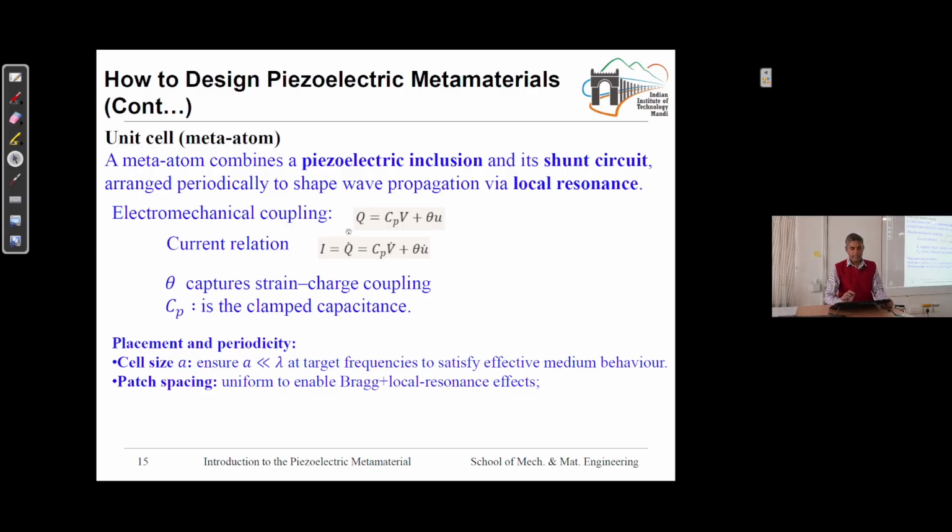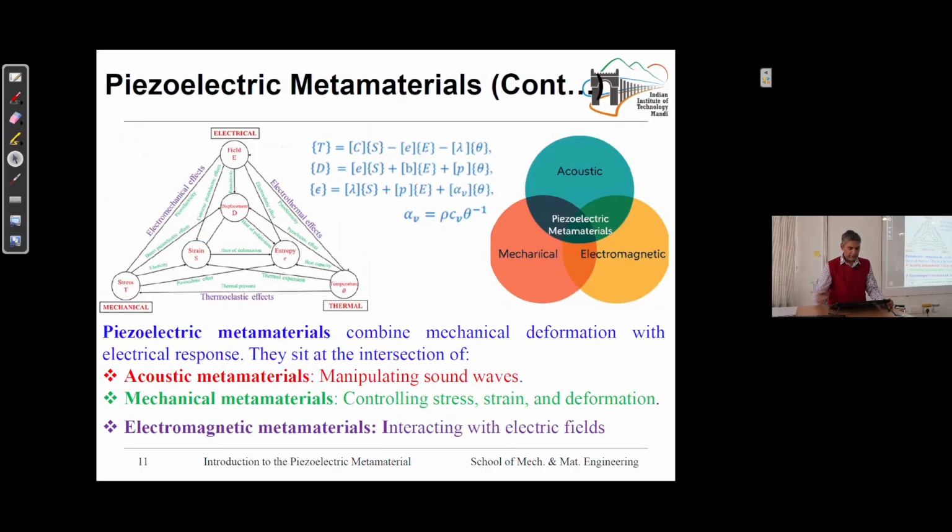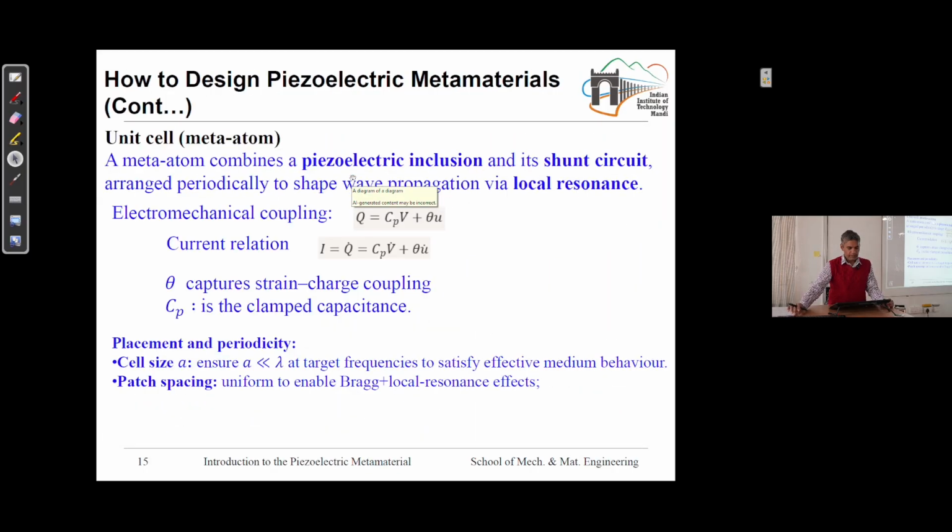So we can convert the second equation into the simplest form for one dimension: Q is equal to Cp V.